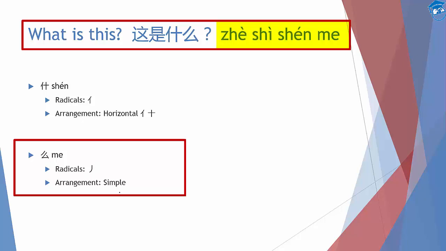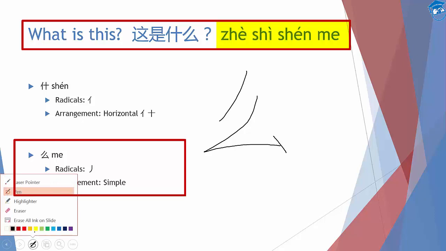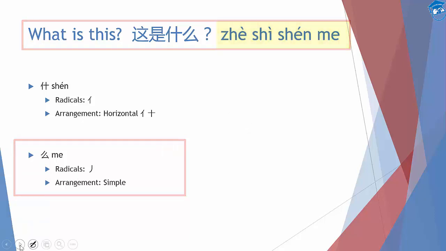The arrangement is simple. Now I'll show you how to write this simple word. 1, 2, 3. Just 3 strokes. Alright. Let's go to the next slide.